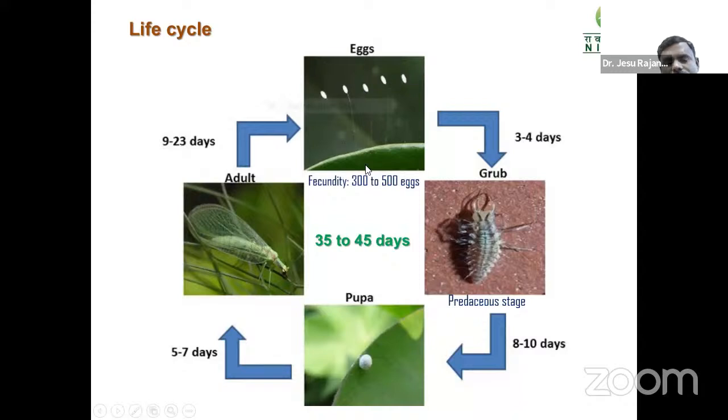One single female lays almost 300 to 500 eggs, and some publications say 800. Fecundity is very high. The eggs hatch within a 3 to 5 day incubation period. Then comes the grub stage. Only the grub stage is a predator, the adult is not. The grub stage lasts almost 10 to 12 days. Then comes the pupa, and the pupa emerges into the adult.